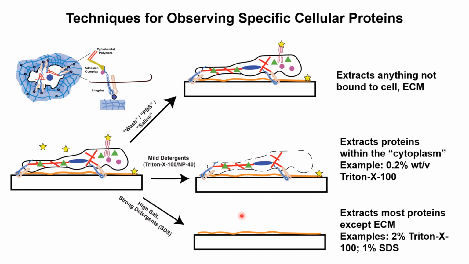To actually extract this dense extracellular matrix involves boiling in very, very high concentrations of SDS, like not 1%, but 10%. So historically, biologists and bioengineers have taken advantage of this differential solubility to selectively look at different parts of the cell and different parts of the extracellular matrix.